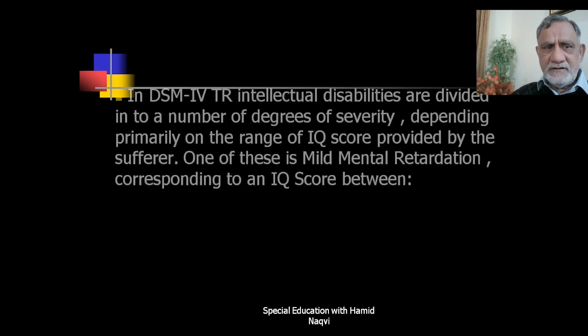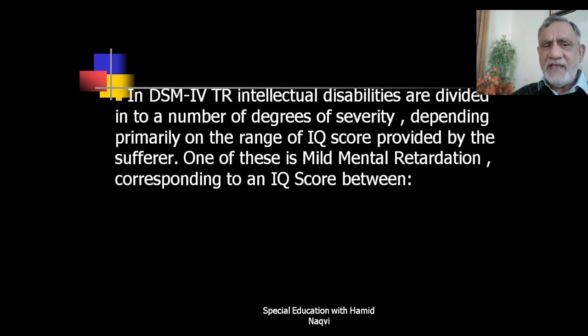Next is in DSM-4-TR. DSM stands for Diagnostic Statistical Manual. Intellectual disabilities are divided into a number of degrees of severity depending primarily on the range of IQ score provided by the sufferer.